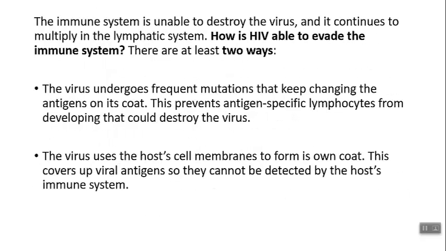Now let us look at why the immune system does not really understand the mechanisms of viral infection. Why are our immune systems not able to control the virus or produce virus-specific antibodies? There are two reasons. One, the virus undergoes frequent mutations, and that changes the antigens on its coat.